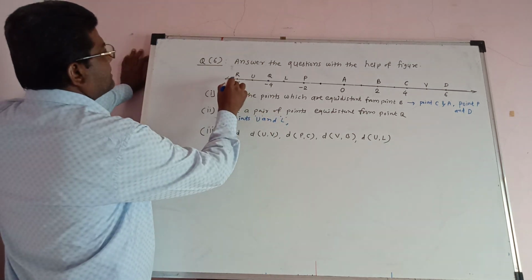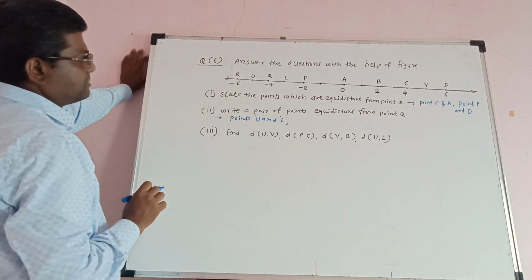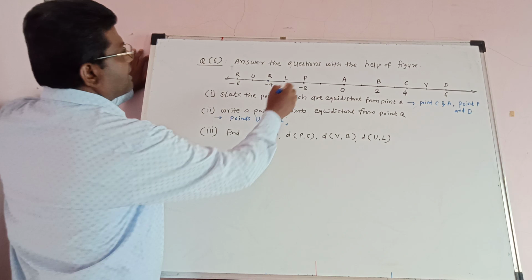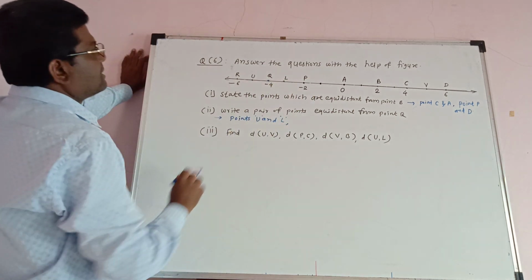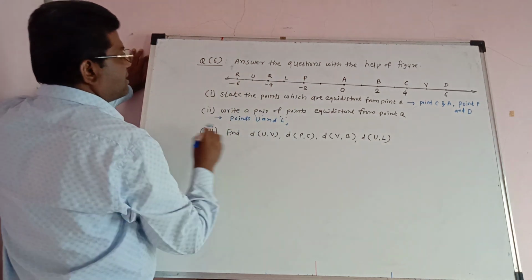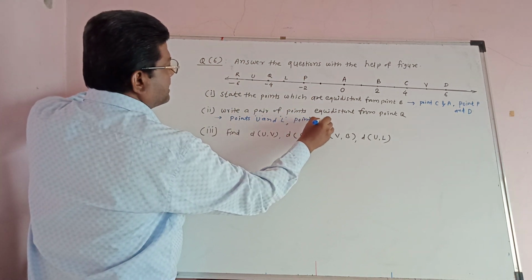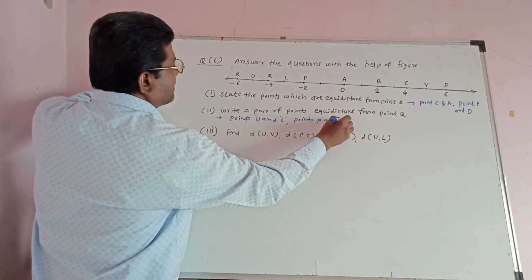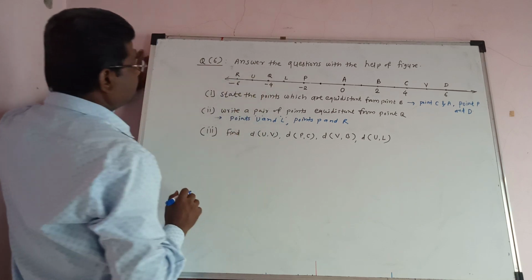Now let us see R, at 2 units from point Q, and find the other point, 1, 2, point P. Therefore points P and R are also equidistant from point Q.